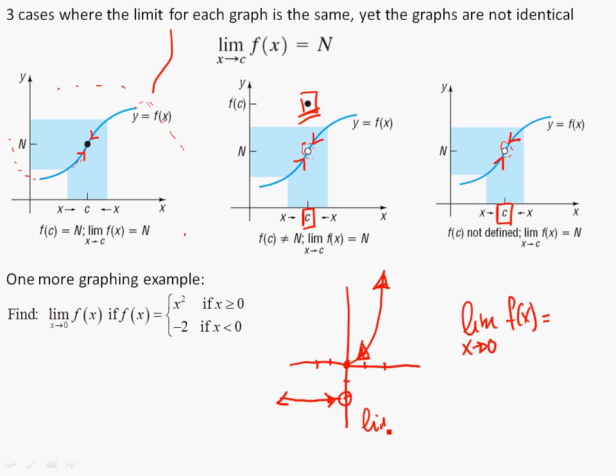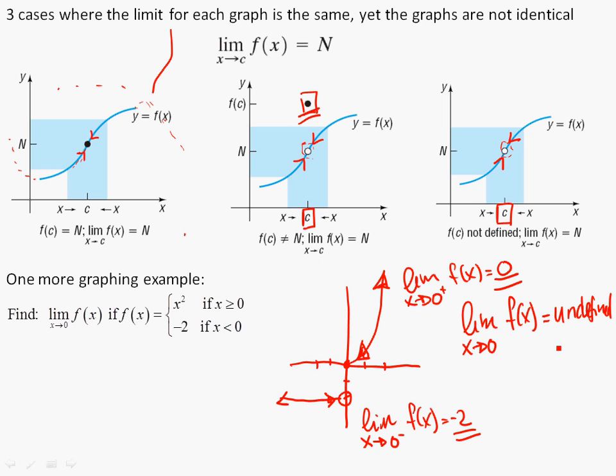This is the limit of x approaching 0 from the left, and you guys are telling me that the function's worth a -2, so this is from the left. You okay with that? And then here, this is the limit as x approaches 0 from the right, and the function is worth what? 0, and since these two are not the same, we're going to say what? Undefined? Or does not exist? Does that make sense?